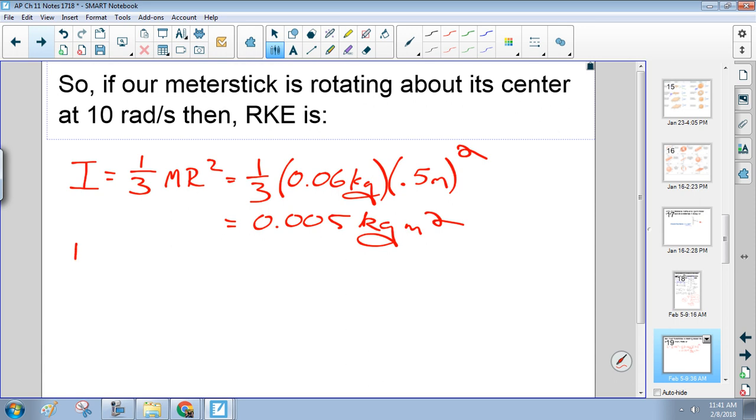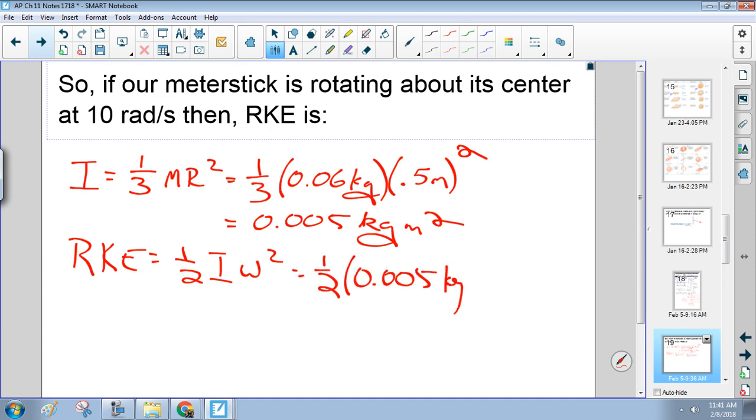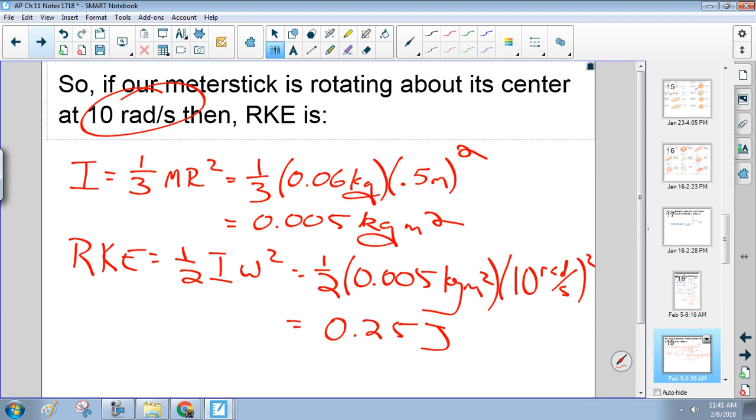Okay, and so now we can find our rotational kinetic energy, right? It's 1/2 I omega squared. So it's 1/2 I times omega squared. And if you do that, it gives you 0.25 joules. Okay? So that is that.